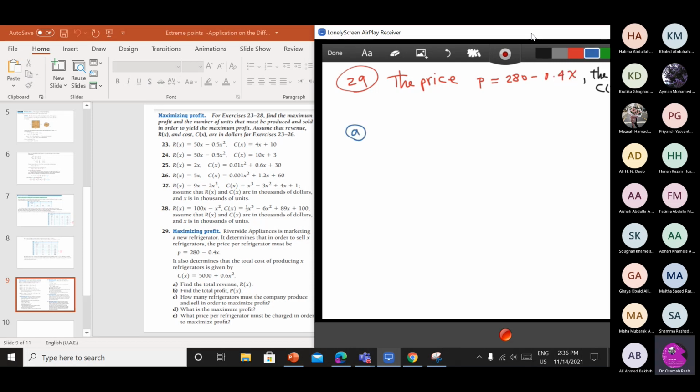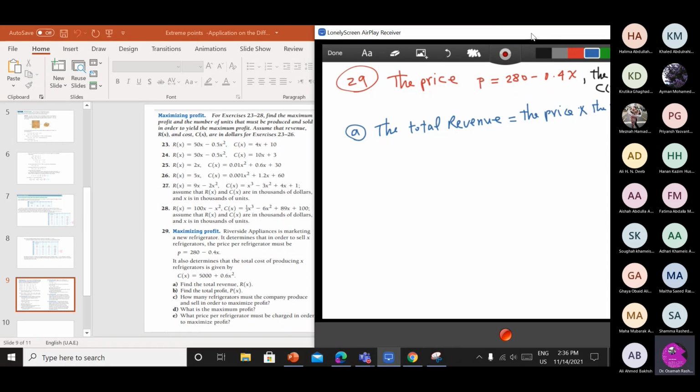So section A, the total revenue. This is in the beginning of the semester. We talk about this one. The total revenue is equal to what? The price times number of items. Okay.